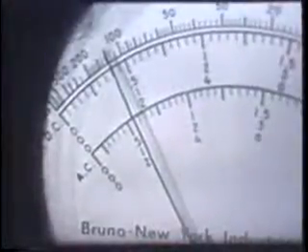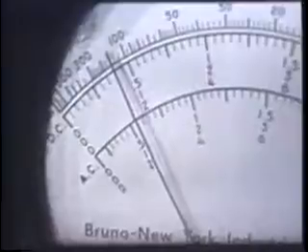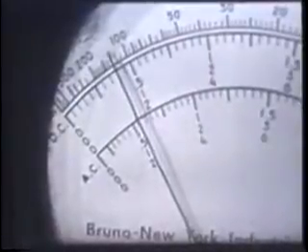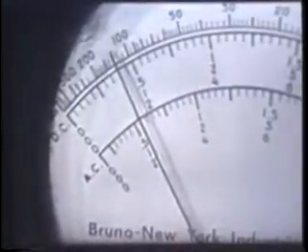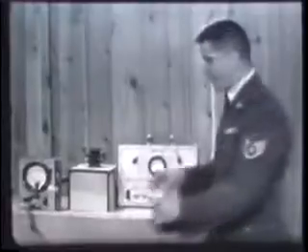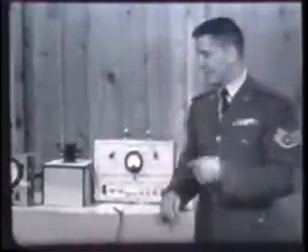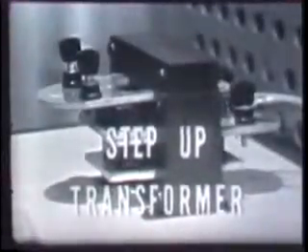If we'll take a look at the AC scale now, and it'll be the middle row of numbers, you can see it indicates 11 volts are available at the secondary. Now, since this is greater than the 6.3 volts applied to the primary, this then readily tells us that this transformer is a step-up transformer.